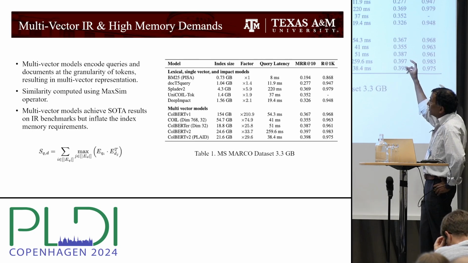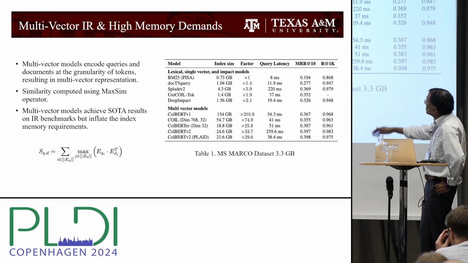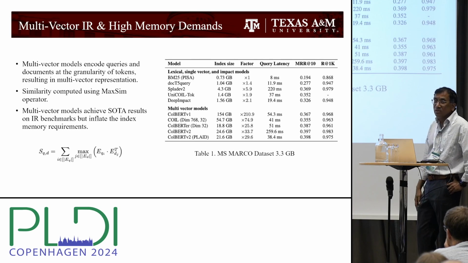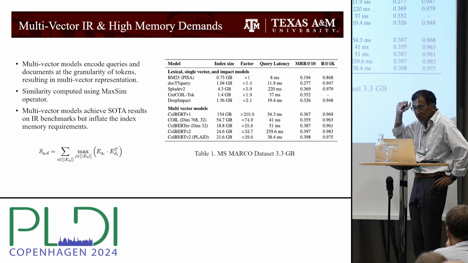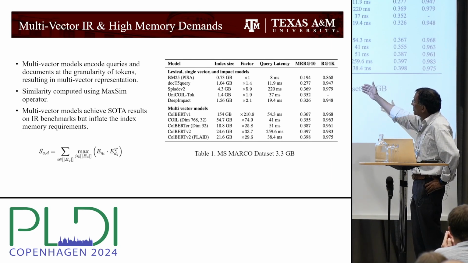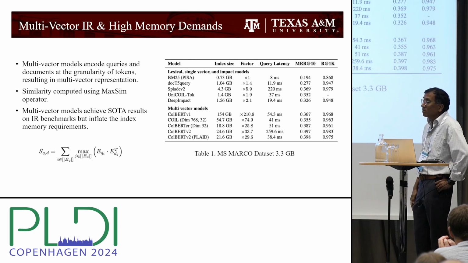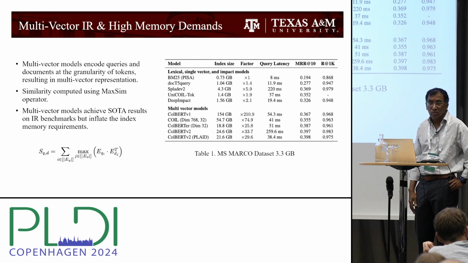The traditional way of doing things is at the top level, where the indexes are roughly less than 2 gigabytes. With the multi-vector models, you see those index sizes are now several gigabytes for each of these approaches, okay.